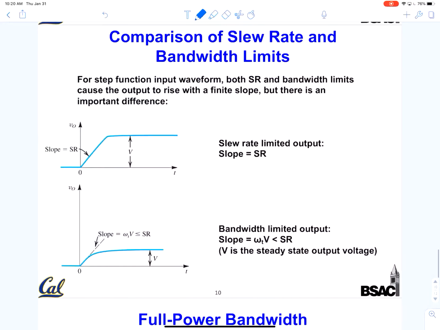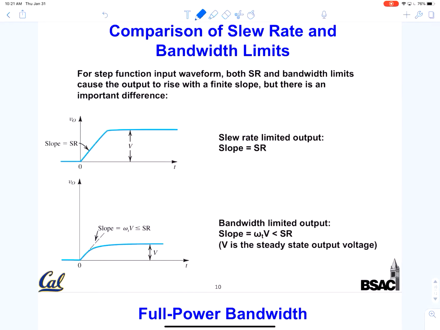Now, we previously talked about RC limit. If your op-amp is driving some load that has an RC in there, there is an RC limit in the speed. Both will limit how fast you reach the final voltage, but they are slightly different. With slew rate, this is the time domain, you reach the final voltage at a constant rate.